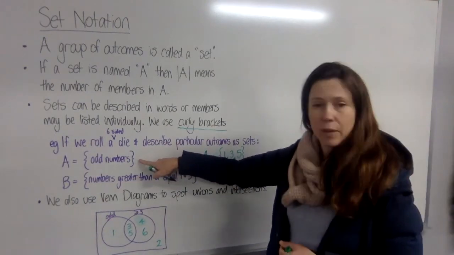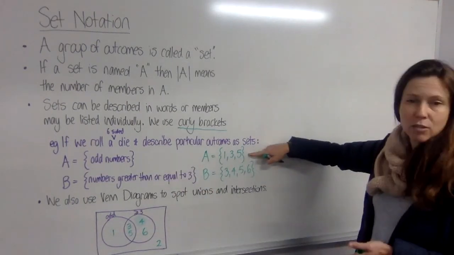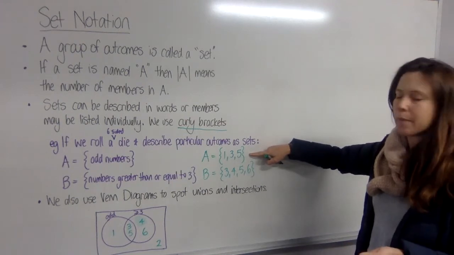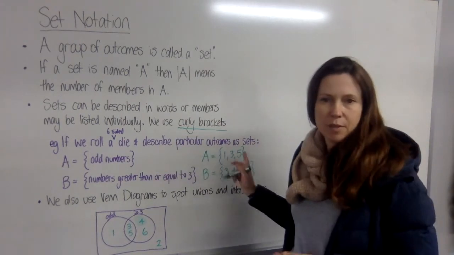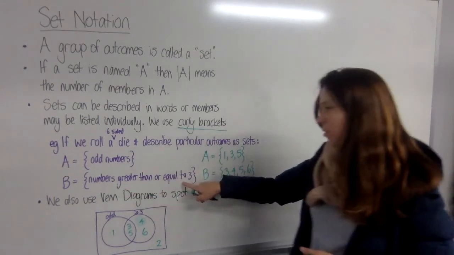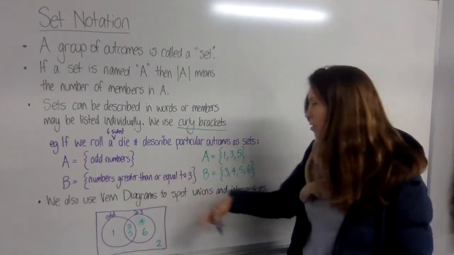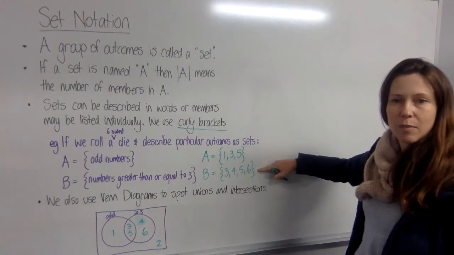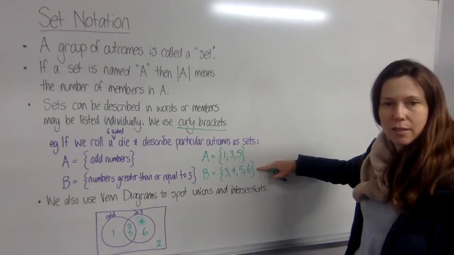We could list them this way as odd numbers, or we could say, hey, we're interested in 1, 3 and 5 here. Both of those describe the same thing 2 different ways. Similarly, the numbers that are greater than or equal to 3, a bit of a mouthful to write out, you could literally just list them, sometimes more quickly: 3, 4, 5 or 6.